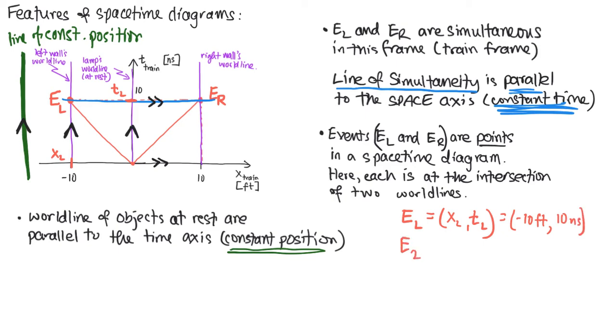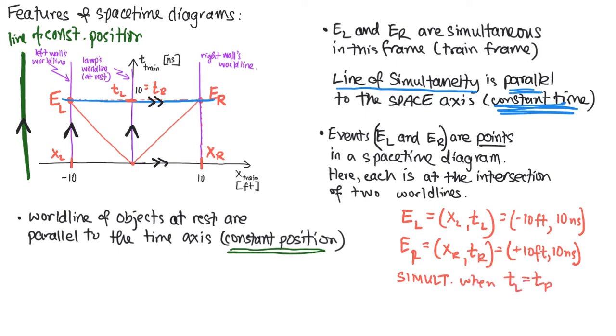E right also has an X and T coordinate. Here the X coordinate of the right event is plus 10 feet, but the time coordinate is the same as for the left, 10 nanoseconds. And because these two events have the same time coordinate, they are simultaneous. So we can say the events are simultaneous when T left equals T right. In other words, events that share the same time coordinate are simultaneous.